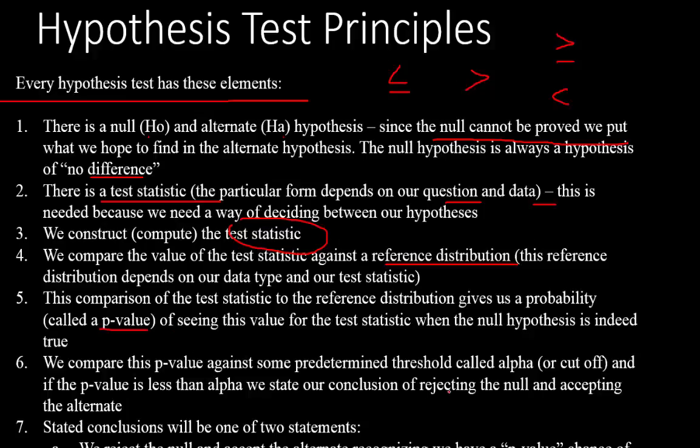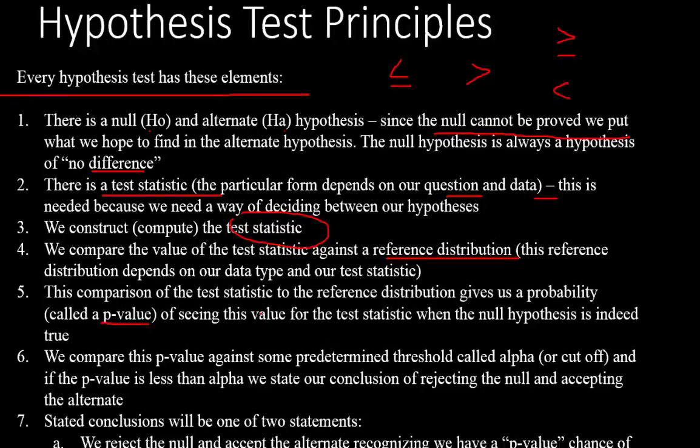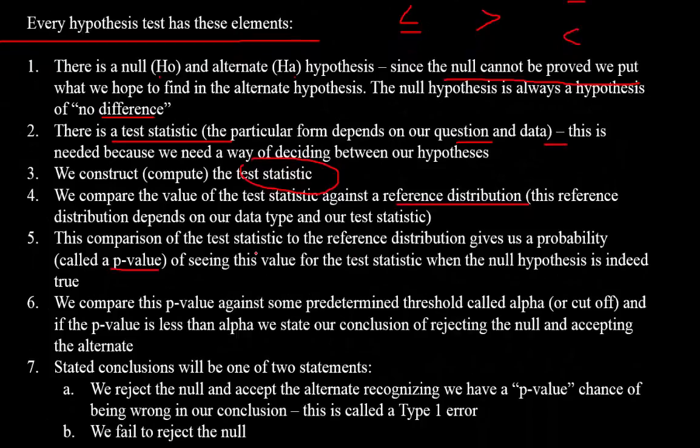And we compare that against some predetermined threshold, such as say 0.05, and if the p-value associated with our test statistic is say less than 0.05, then we'll reject the null and accept the alternate.